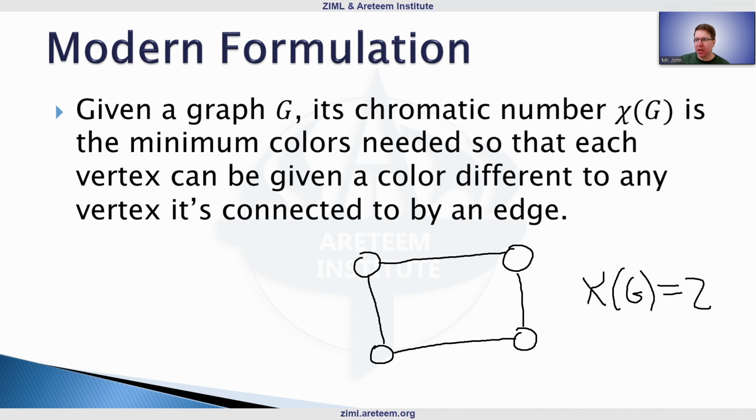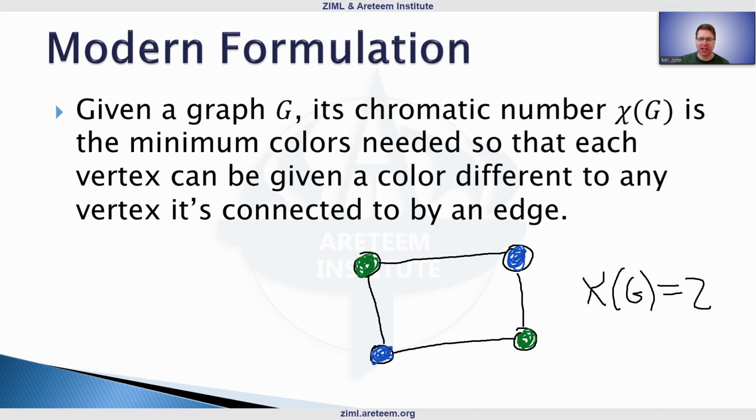Why is that? Well, because we have a square where the vertices are just connected along the edges of the square. If I color this top left vertex green, the bottom right vertex green, and then the other 2 vertices blue, then clearly we have that colored with 2 colors, blue and green.